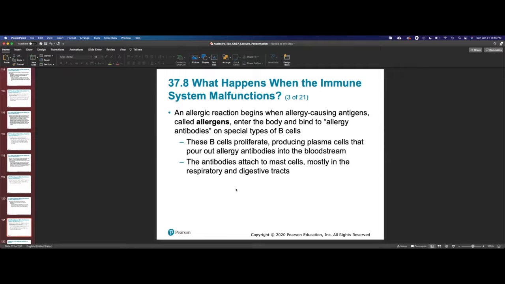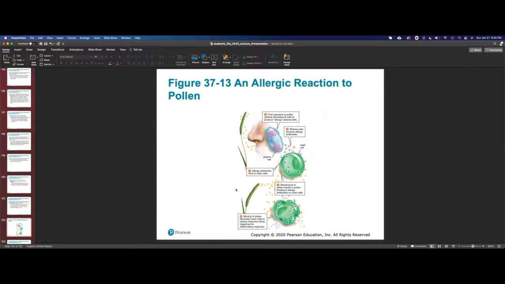So allergy causing antigens are called allergens. Antibodies, again, attach to mast cells, mostly in the respiratory and digestive tract. So that's where you'll have your symptoms of a food allergy. Respiratory system: trouble breathing, closing of the throat. Digestive system: water flooding into your colon, diluting your stool so that you essentially have diarrhea, diarrhea induced by allergens.